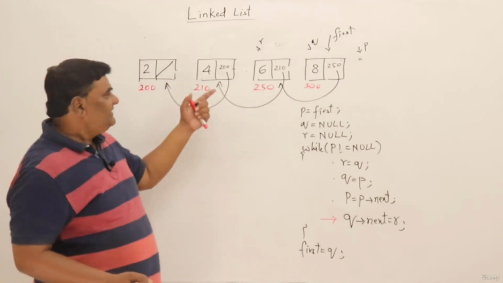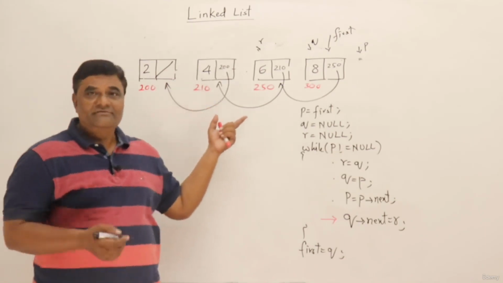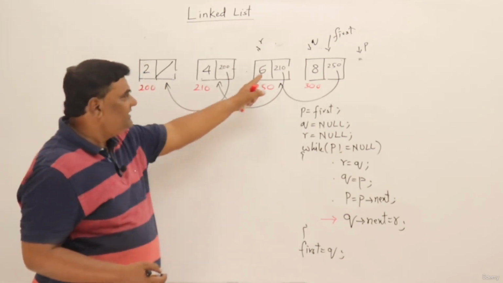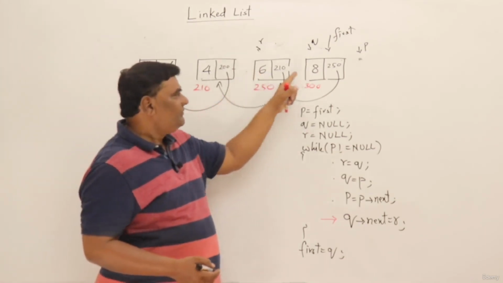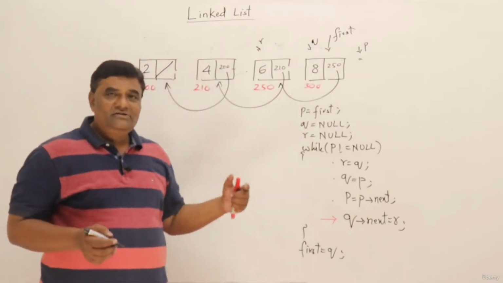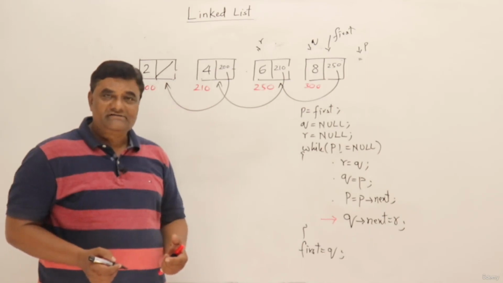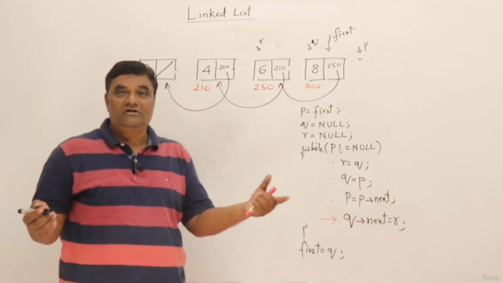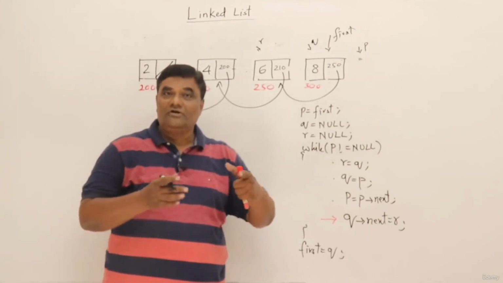The reason: in a linked list, as per the example, for learning purposes, we are taking only integers, 2 bytes. But that need not be an integer always. It may be a record. It may have a lot of values.